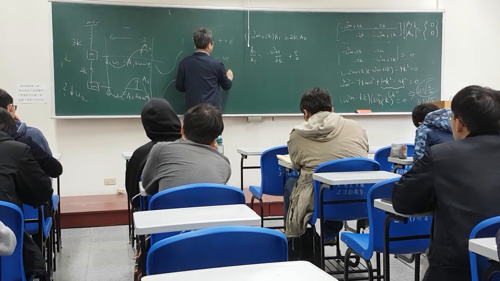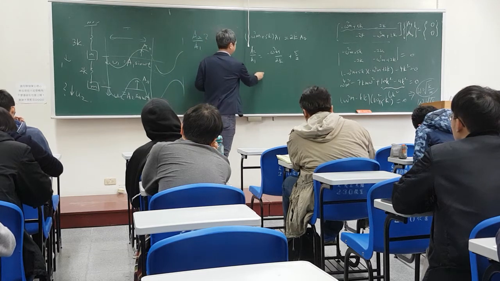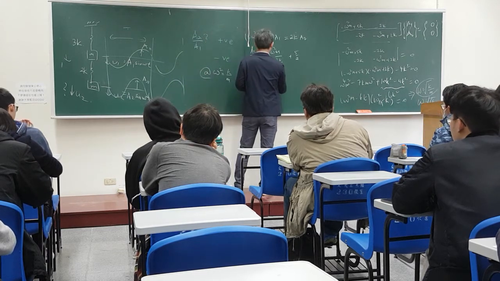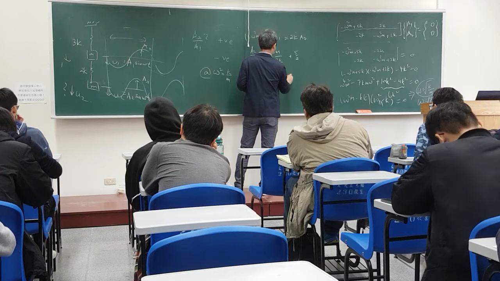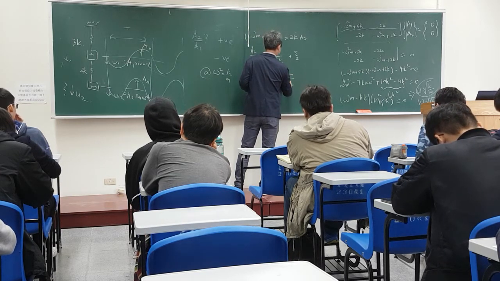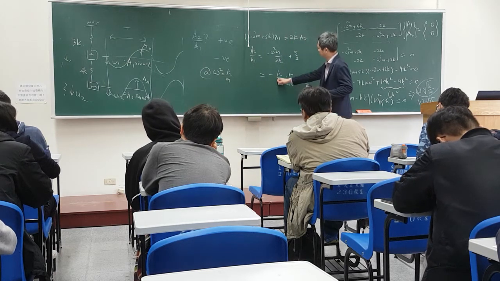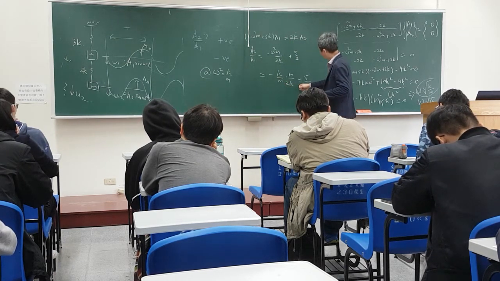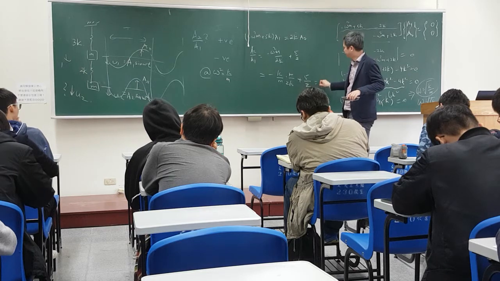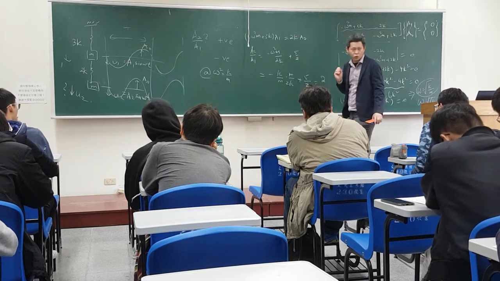Omega squared is equal to k over m. So if you do that substitution, then you have k over m times m over 2k plus 5 over 2. What's this ratio? This is actually minus half plus 5 over 2. So this is then equal to 2. Okay?